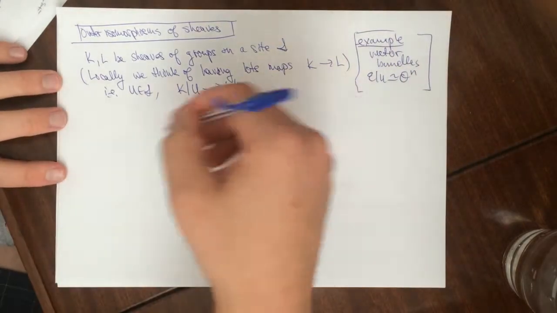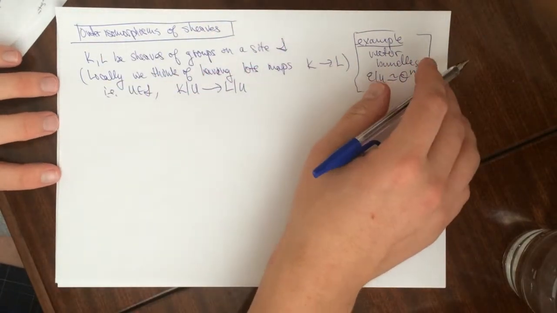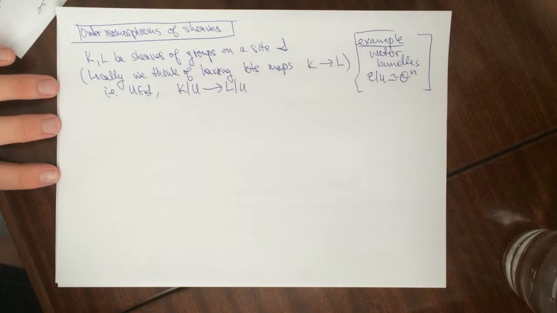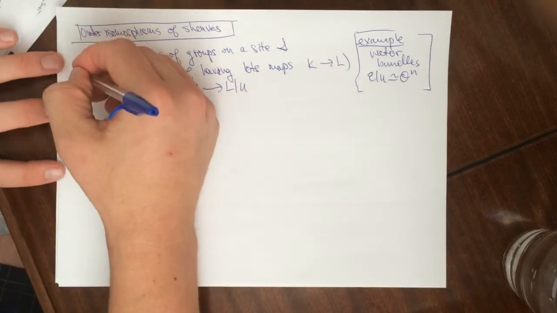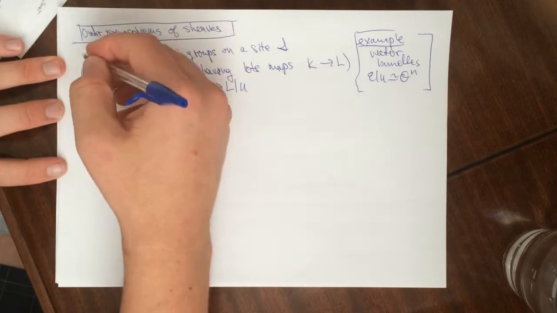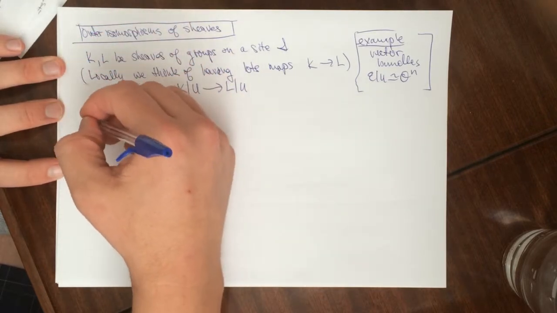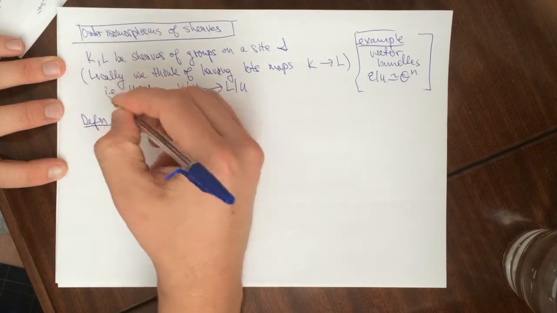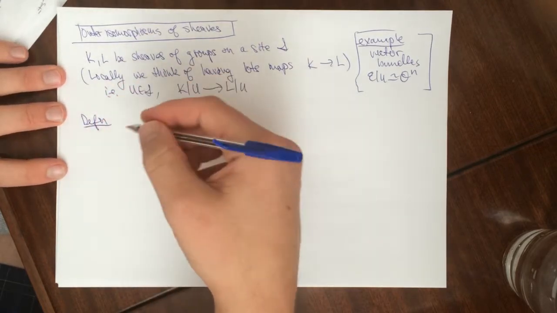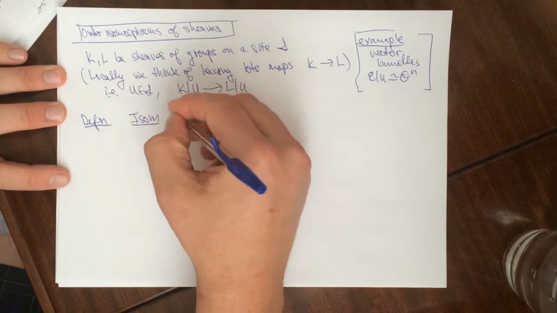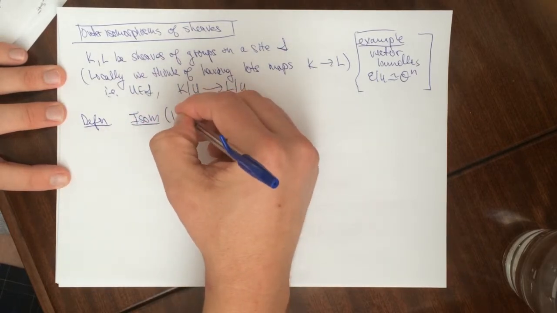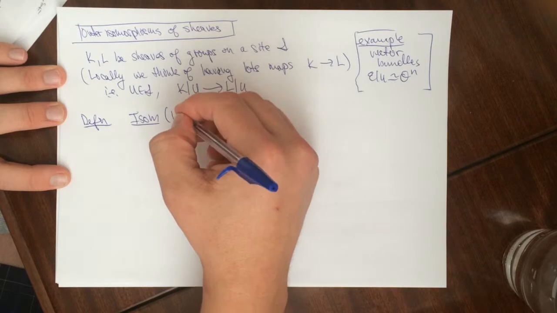So this is a situation that appears. So then we can take these and define this here. Maybe this is more of a definition than a notation.